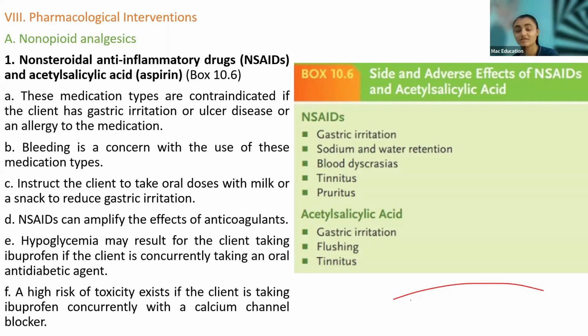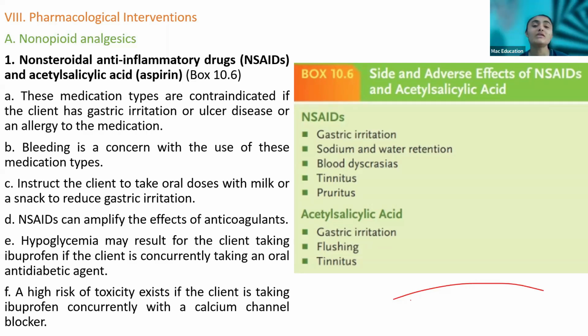Next are opioid analgesics. So let's see first the non-opioid analgesics. In that, first are non-steroidal anti-inflammatory drugs and aspirin. Aspirin itself comes under non-steroidal anti-inflammatory drugs. Aspirin has two actions as its mechanism of action. What are they? Antiplatelet effects and analgesic effects.